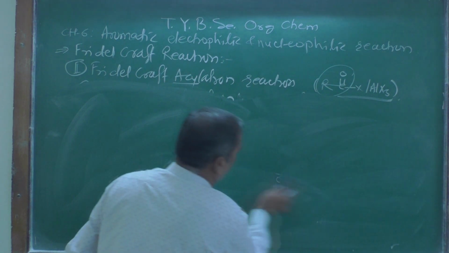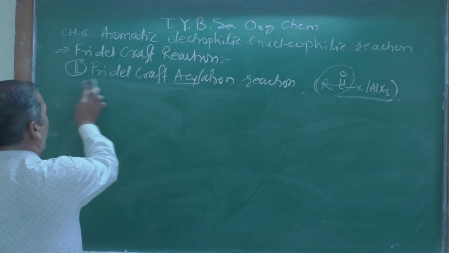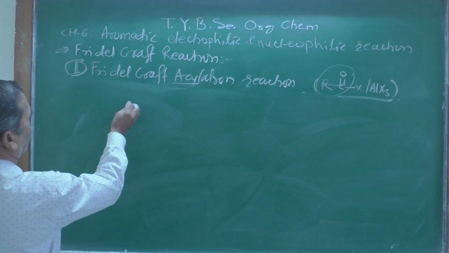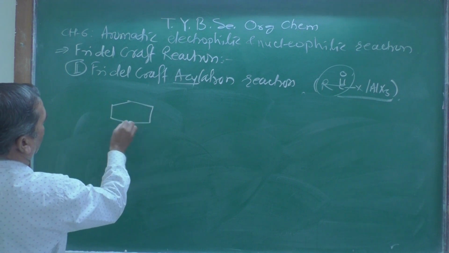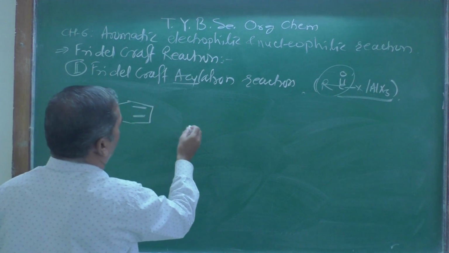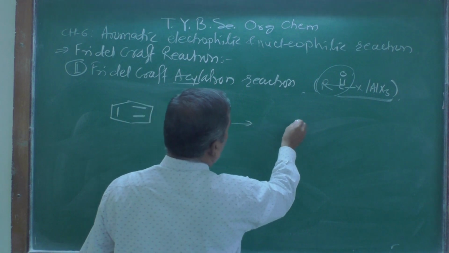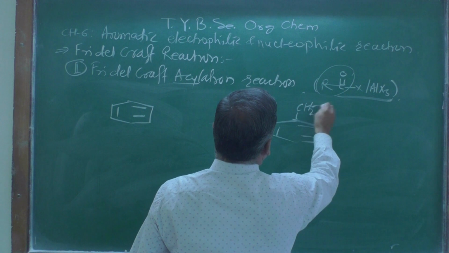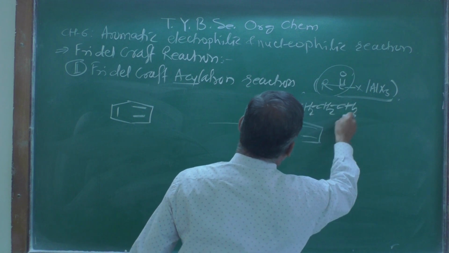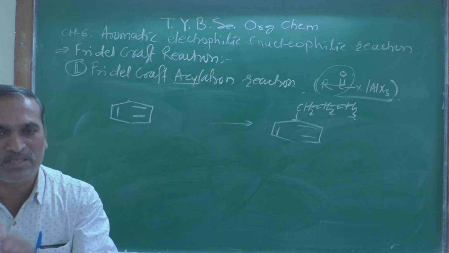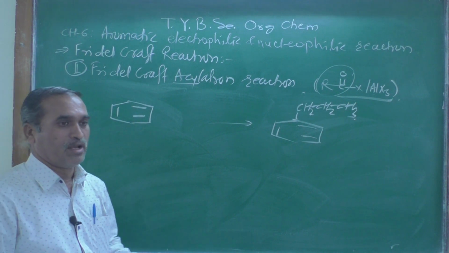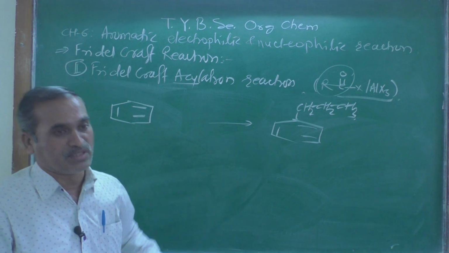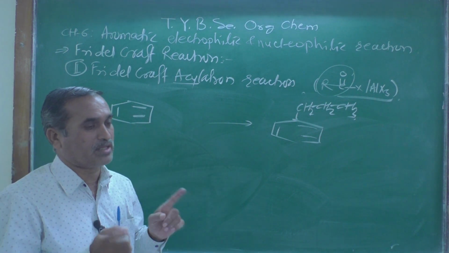Let us see here. Suppose we want to prepare this type of compound from benzene. This is the compound, with CH2 and CH3. This is propyl benzene that we want to prepare, but how do you prepare this propyl benzene?